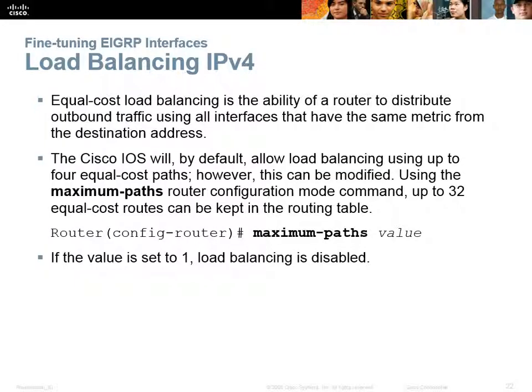Load balancing. Maximum paths is the value. You can have up to 32 paths going out. By default, it's set to 1, so load balancing is disabled. If I set it to 2 or more, I'm now load balancing, right? Because if I have one path, can I load balance?